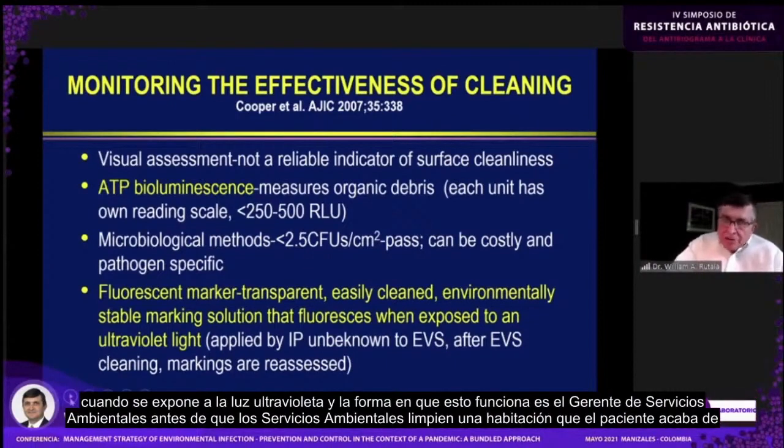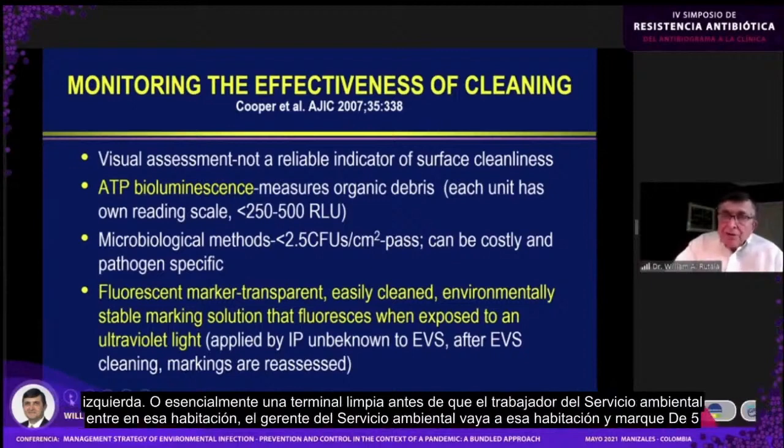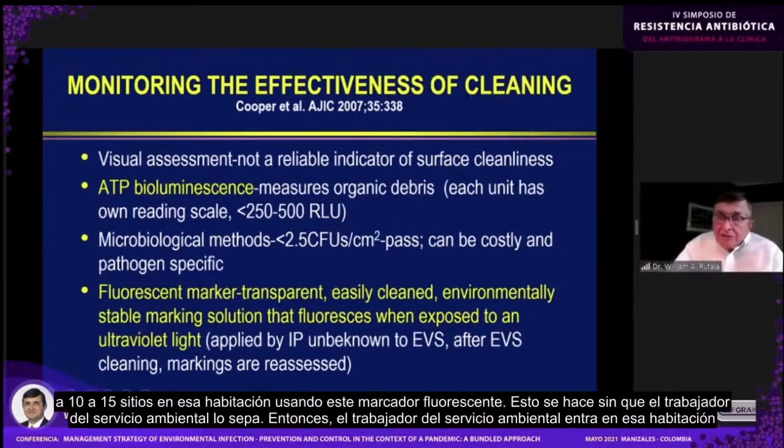The way this works is that before environmental services does a terminal clean of a room the patient just left, the environmental service manager goes in that room and marks 5 to 10 to 15 sites using this fluorescent marker.